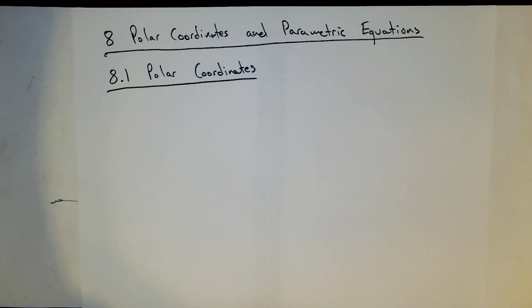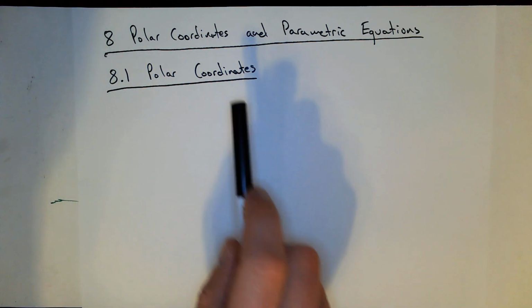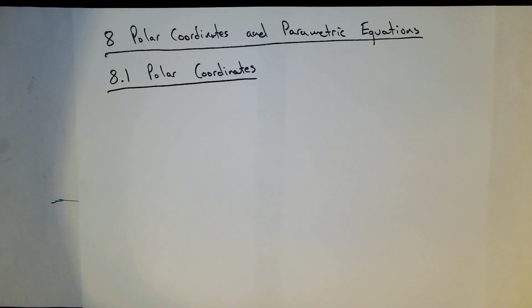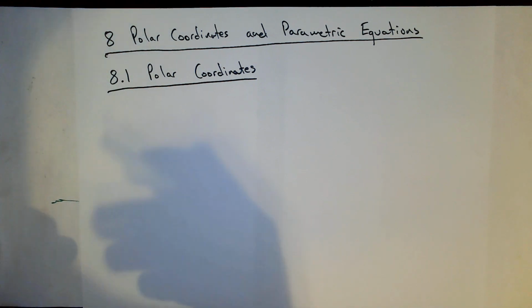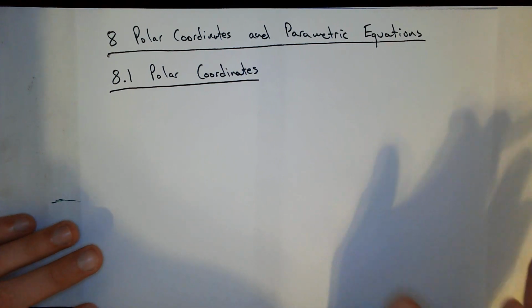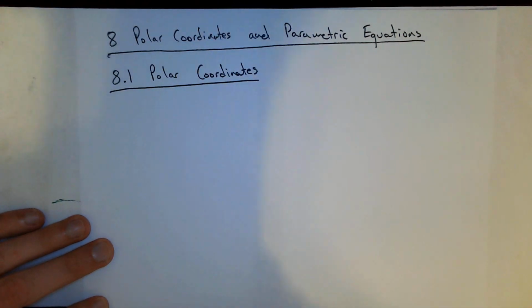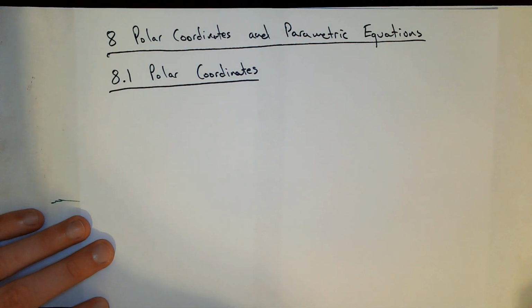And then chapter 9, just to give you a little idea about the rest of the semester, it's going to be 8.1, 8.3, and then 2 sections from chapter 9, dealing with vectors. So again, using trig as our tool set to do other types of mathematics.